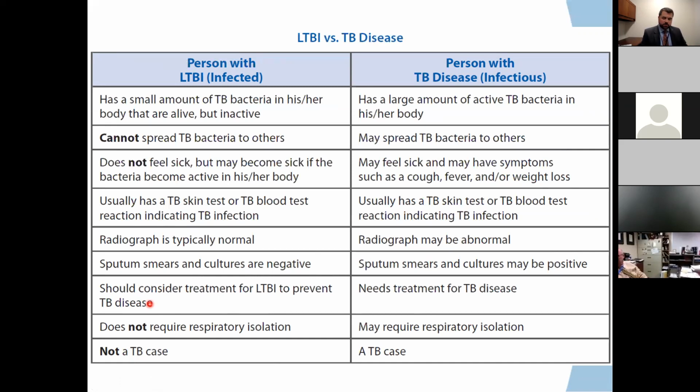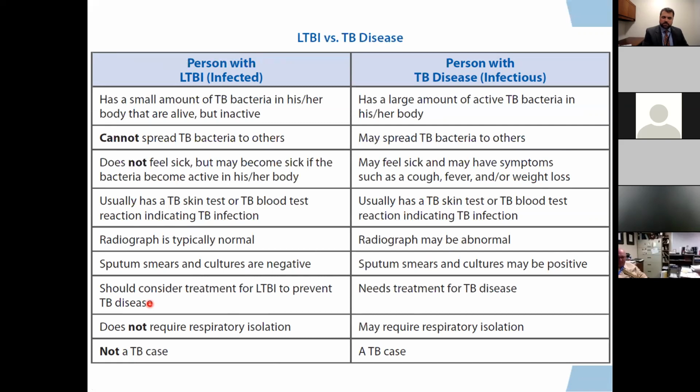It might be that in the future they have a transplant and be on immune suppression medications, and then the TB comes out for those reasons later in life. They might develop cancer and need chemotherapy later in life, and from my perspective, it's better to treat them early, so they don't.